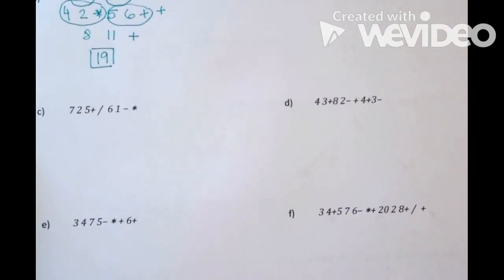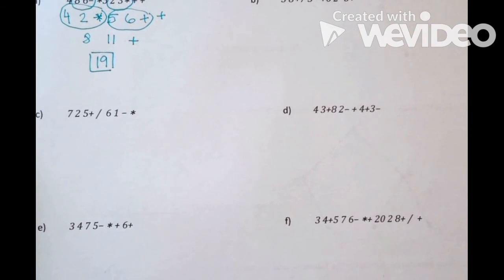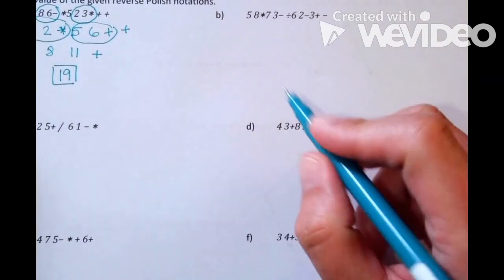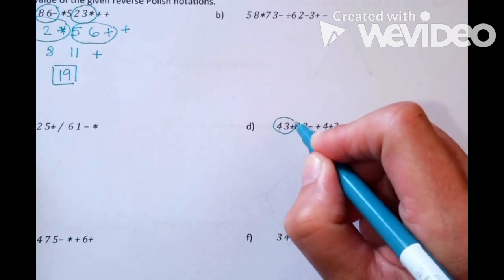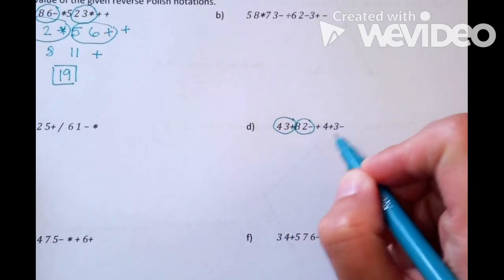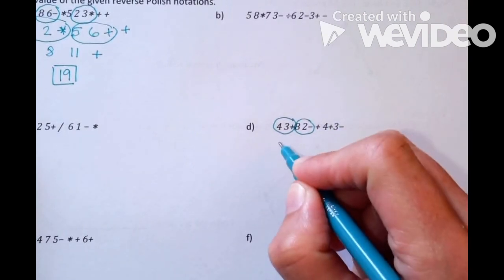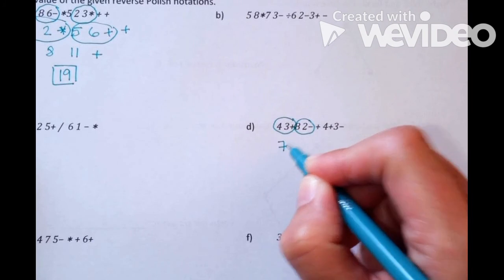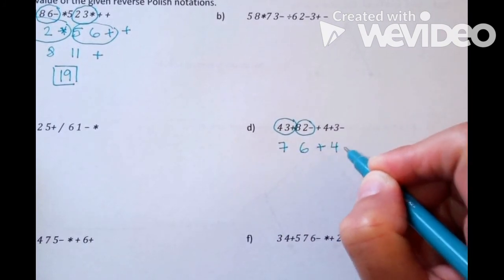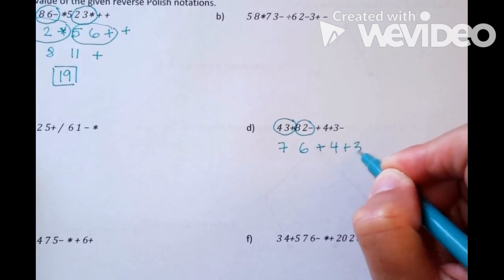Let's do another one. Maybe let's do this one. There's no parentheses, but we know exactly what to do. So 4 plus 3 is 7, 8 minus 2 is 6. We need to write the plus, 4, plus, and a 3 and a minus.